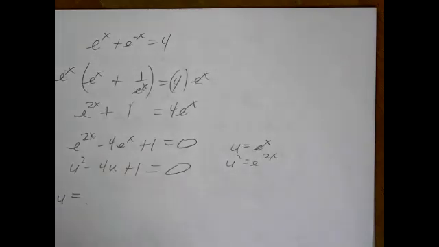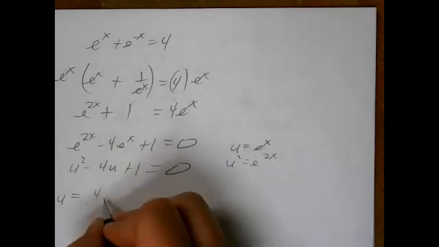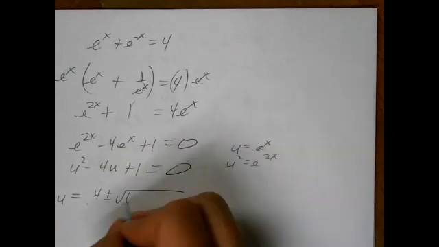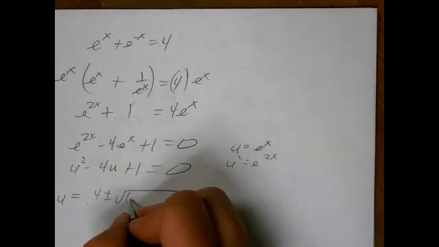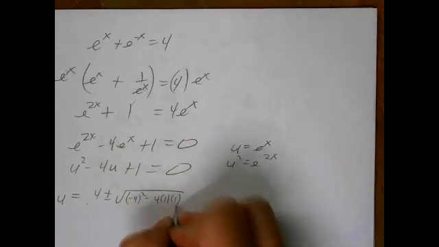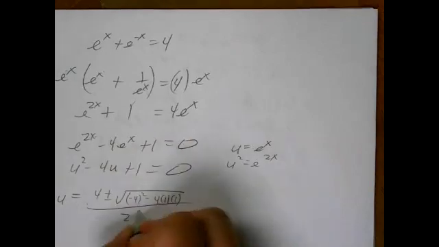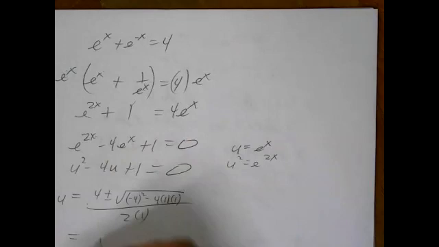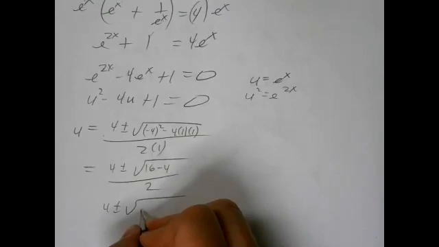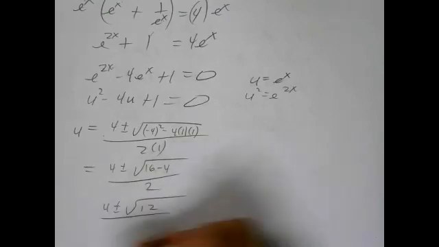U will be equal to opposite of b, which would be a 4, plus and minus the square root of b squared, which is negative 4 squared, minus 4 times a times c, all over 2a. This comes down to 4 plus and minus the square root of 16 minus 4 over 2. 4 plus and minus the square root of 12 over 2.